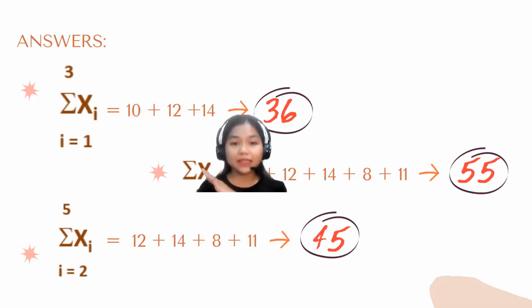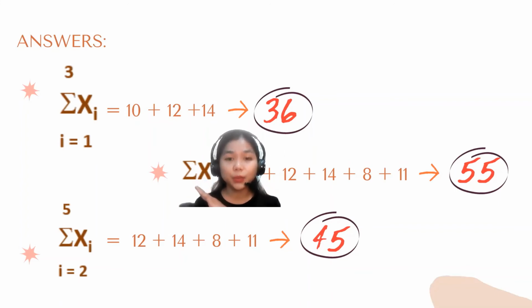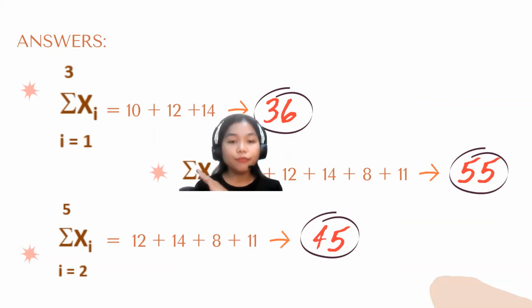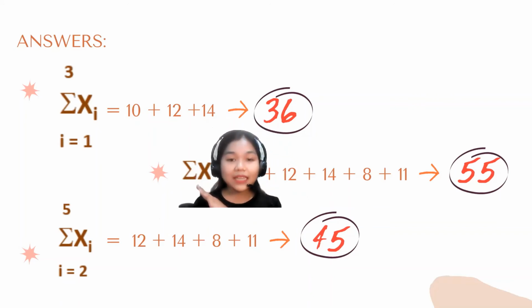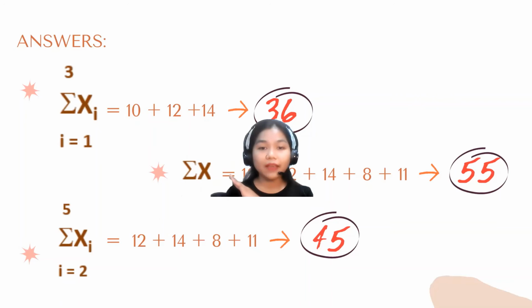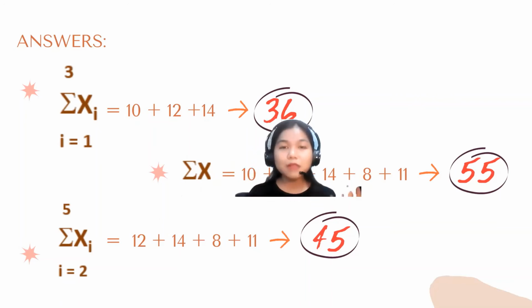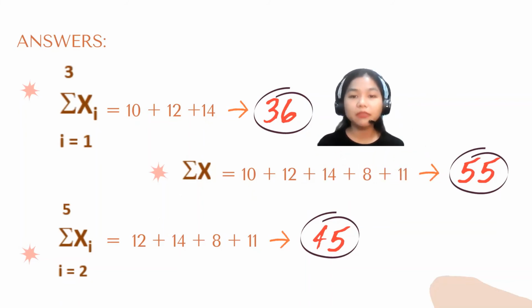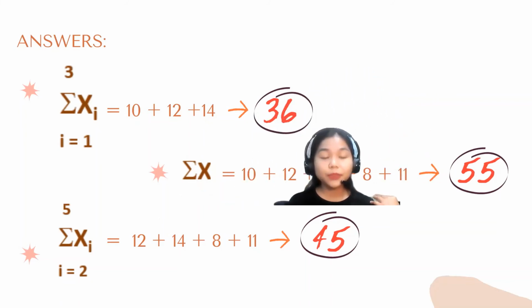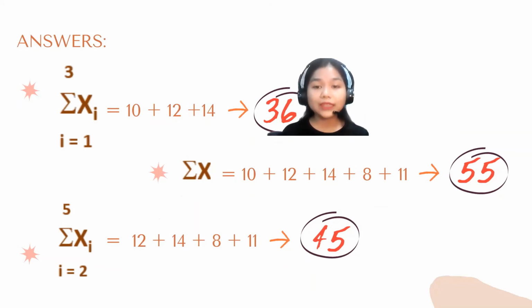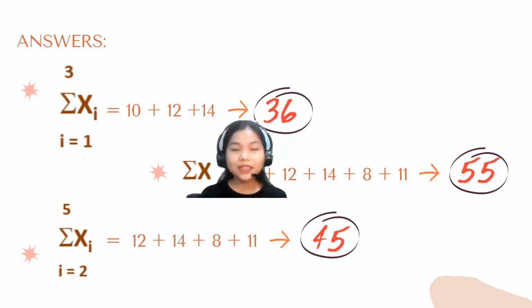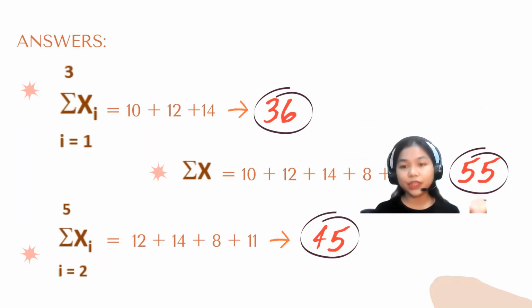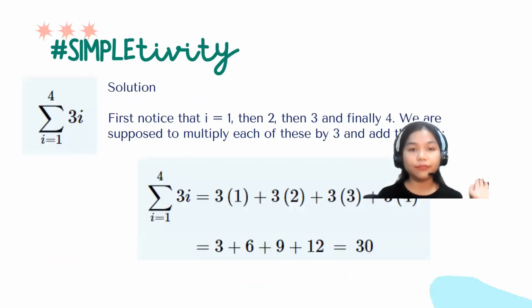That is equivalent to the summation of xi from i equals 1 to 5, so it's x1 plus x2 plus x3 plus x4 plus x5. Then we replace the values with 10, 12, 14, 8, and 11, and the answer is 55.